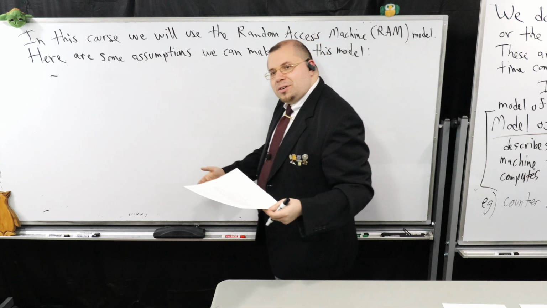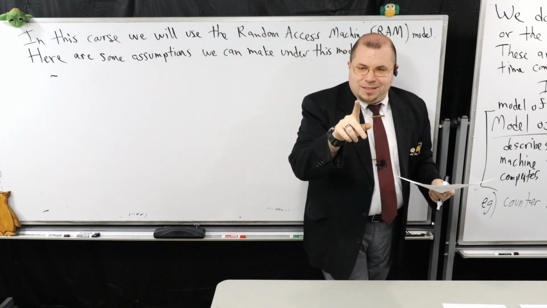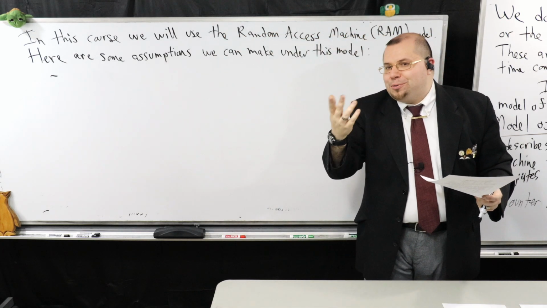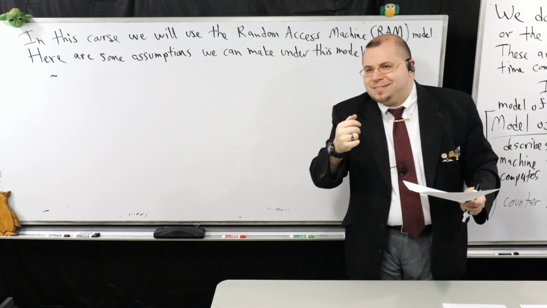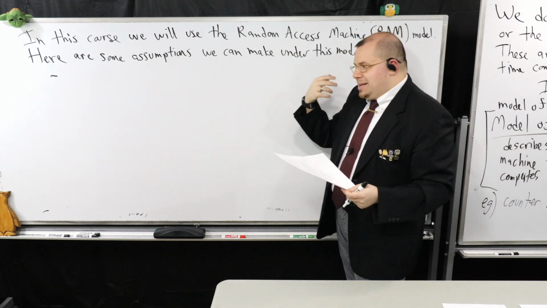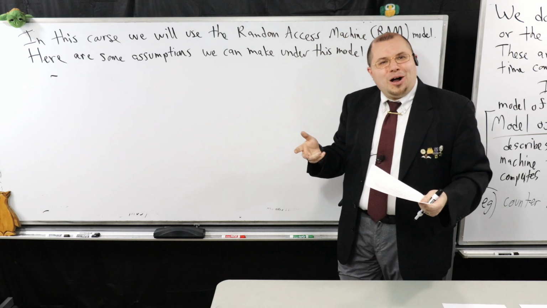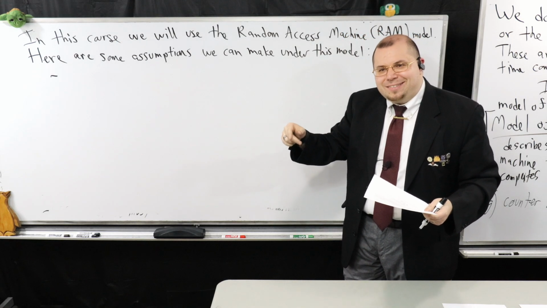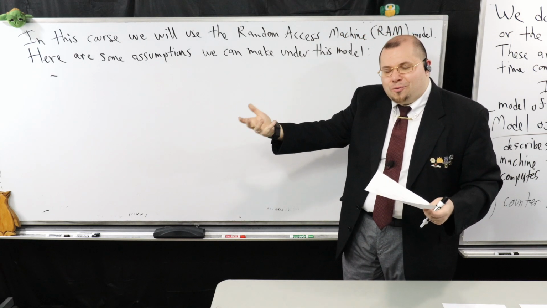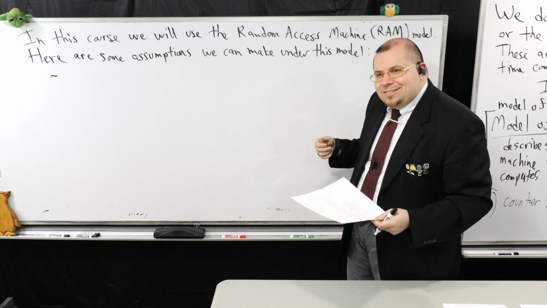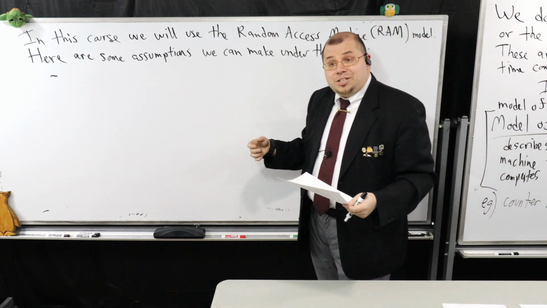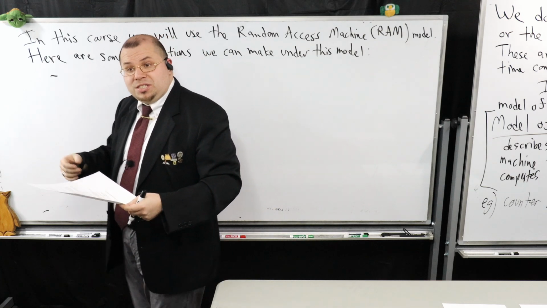For example, you're going to see in a moment that I assume that multiplication and addition both take some constant number of operations. You might say, Dan, multiplication is a much more complicated operation than addition. You could always think of it as repeated additions. So maybe multiplication is actually a much tougher operation than addition.